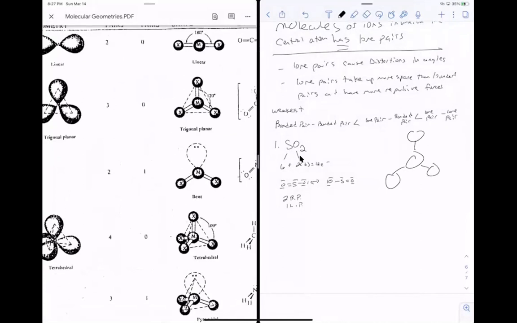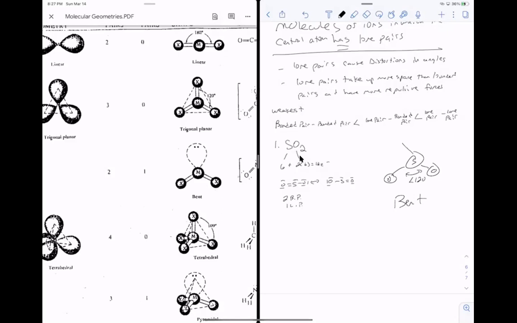But because there isn't a bonded pair, we remove that bonded pair and we replace it with a lone pair. This is my SO2, where remember in my trigonal planar, the angle was 120, so the angle will now be less than 120. The name of this is being called bent.